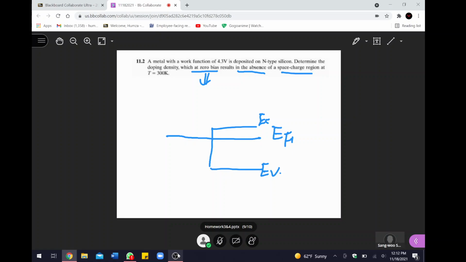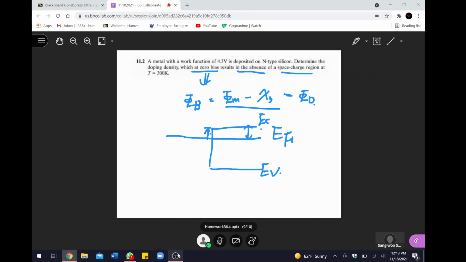And then this one is asking about the doping concentration in the semiconductor. To answer this, you can see the barrier height, the same way, metal work function minus semiconductor electron affinity, needs to be equal to the difference EC minus EF.